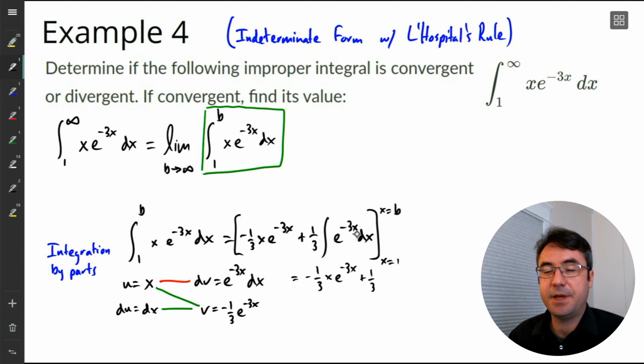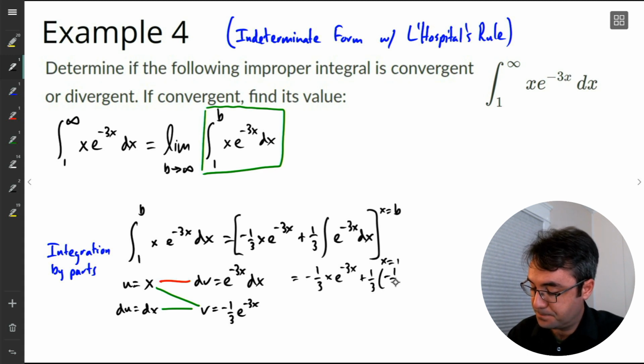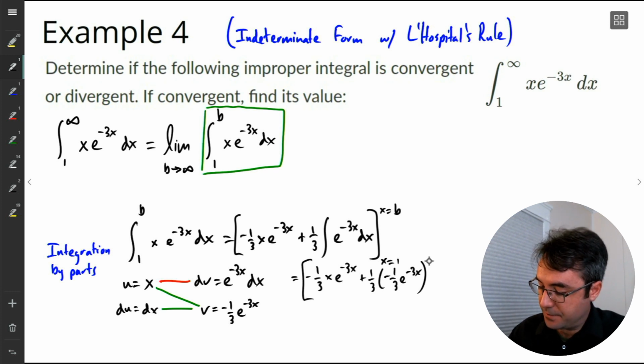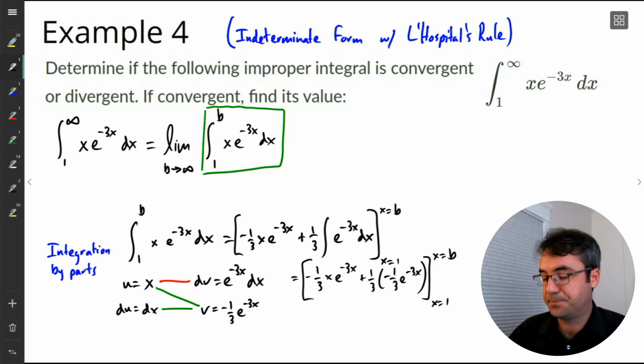And it's just going to be another -1/3 e to the -3x. Not too bad. And then we'll evaluate that whole thing from x equals 1 to x equals b.